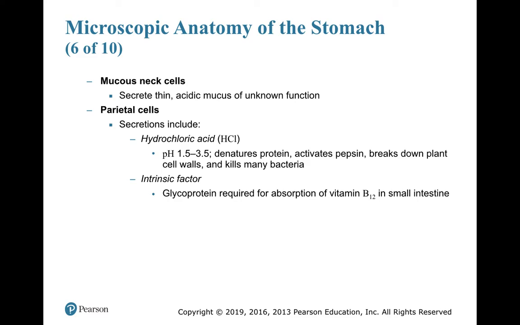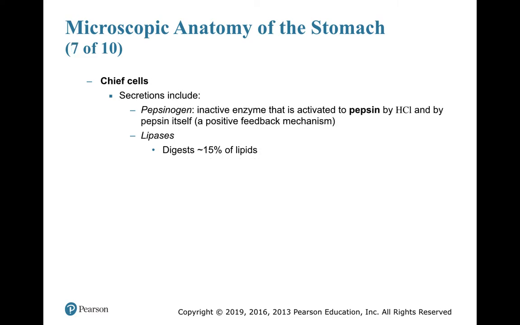It activates pepsin, an enzyme, and it breaks down cell walls in plants and kills most bacteria. The parietal cells also secrete a substance called intrinsic factor. Intrinsic factor is a glycoprotein that is required for you to be able to absorb vitamin B12 later on in the small intestines.